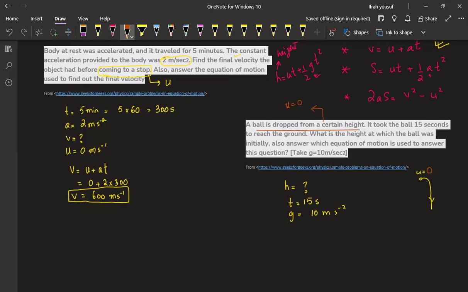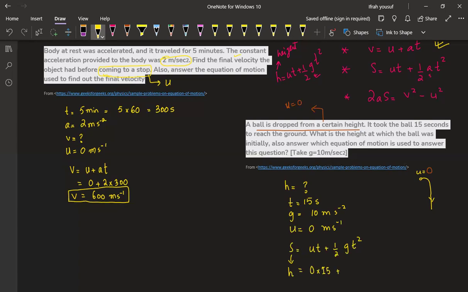Okay, so we have to write 0 over here, 0 meter per second. And then we have to apply the second one. s is equal to ut plus half gt square. So the height, that is the unknown, I can replace it with h. u is the initial velocity, time is 15 seconds, so it's going to be 0.